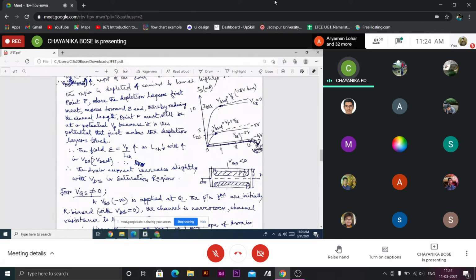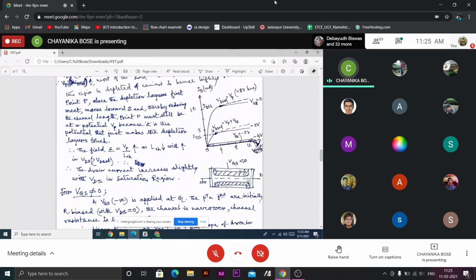So now, due to the presence of this significant drain voltage, the width of the depletion region again becomes a function of X. So over that non-linear variation, the X-dependent nature of W will be prominent.